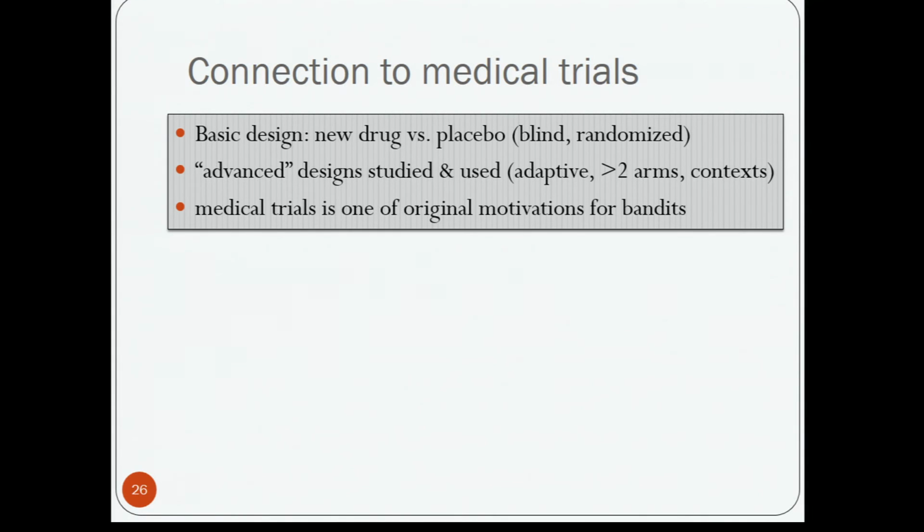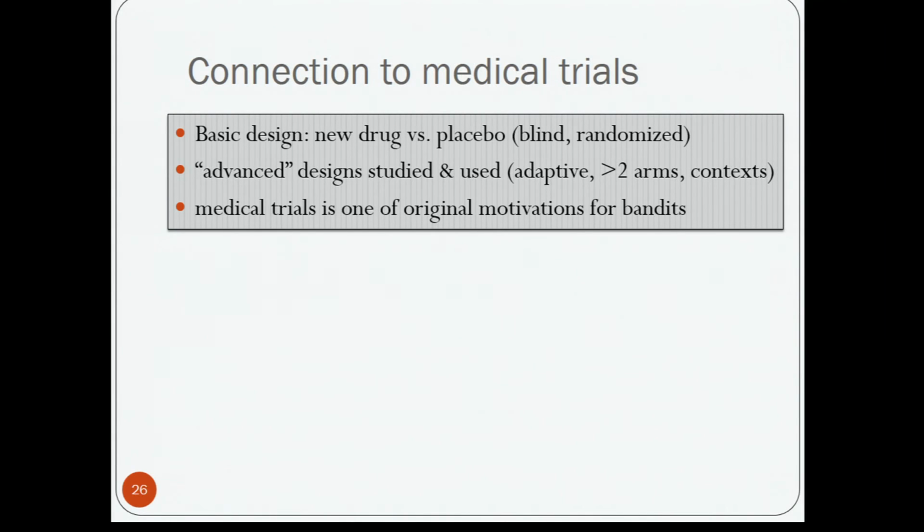But some adaptive designs are studied and used, meaning the trial could be adaptive, there could be more arms, there could be context, and so forth. So it's actually not a crazy thing to do, as evidenced by the talk on Monday morning by Don Berry. And in fact, medical trials were one of the original motivations for bandits.